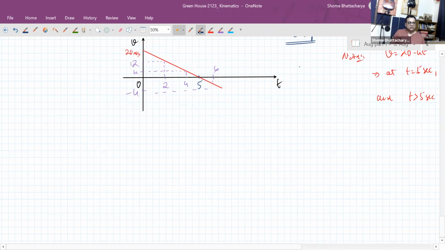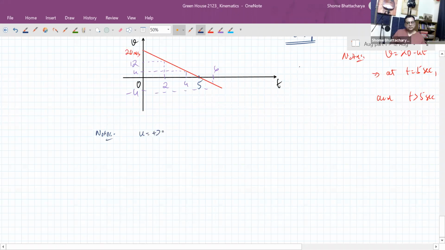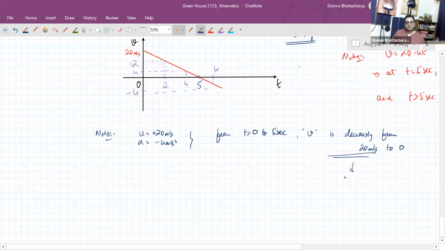Okay, you can see that in the above case, u is equal to plus 20 and a is equal to minus 4 meters per second square. So from t equal to 0 to 5 seconds, the velocity is decreasing from 20 meters per second to 0. So this is the situation where it decelerates.